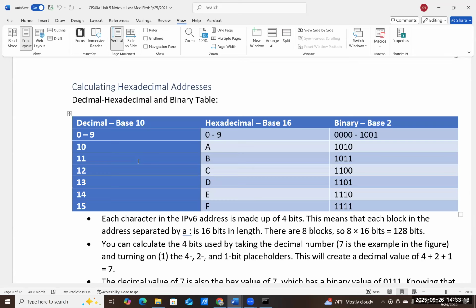If you do the conversion, you're going to have the 2 and the 8. 2 plus 8 is 10, so it's 1 0 1 0, right? Then 11 is equal to B, 12 is equal to C, 13 is D, 14 is E, and 15 is F, and the system stops after that. There are only 16 numbers in hexadecimal, 0 through 9 and A through F.